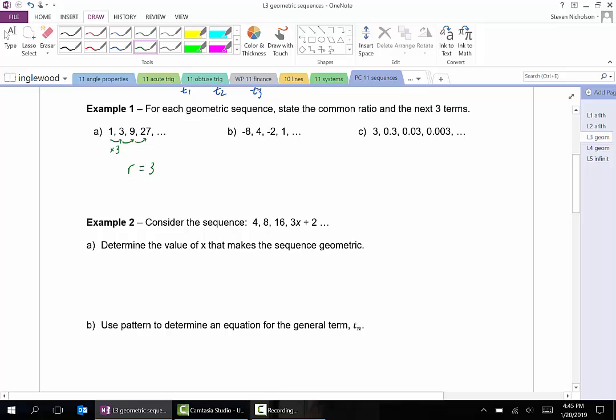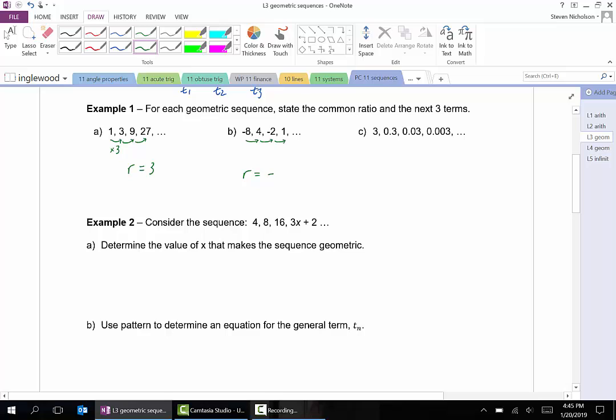If we look at the second one, the first thing you should notice is the signs alternate. So when the signs alternate, we're going to have a negative. To go from -8 to positive 4, we multiply that negative by a negative, and to go from 4 to -2, a positive times a negative is -2. So then we'd ask ourselves, well, how do we go from here to here, and here to here?